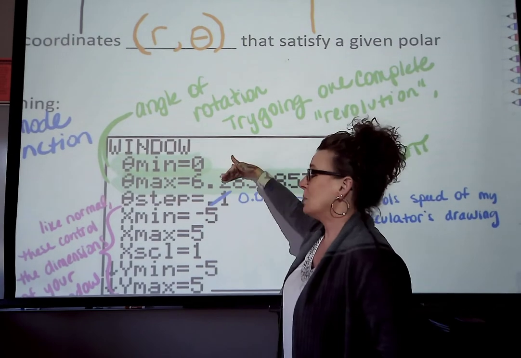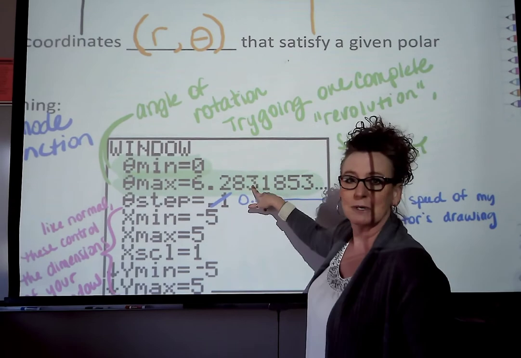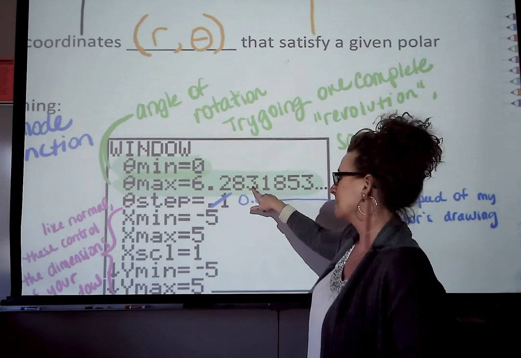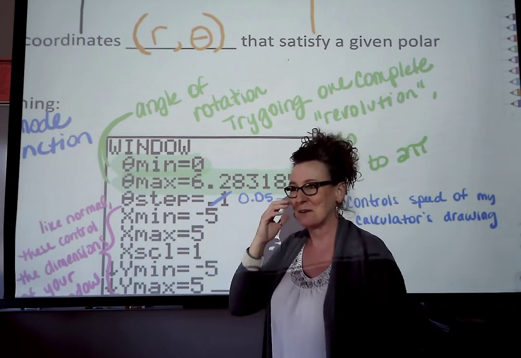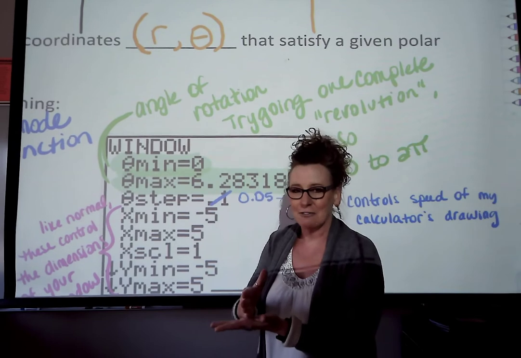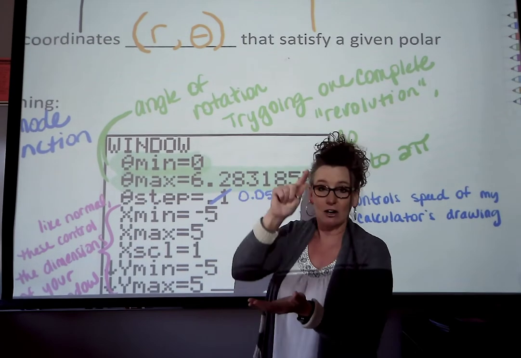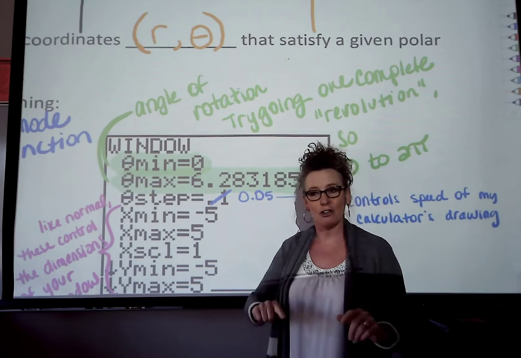And the moment that you hit enter or arrow down, it's going to change your 2 pi to a decimal, which is fine. And then for theta step, this is interesting. When we type an equation in and when we hit graph, you're going to watch it draw a rose or a cardioid or whatever. You're going to watch it draw that.